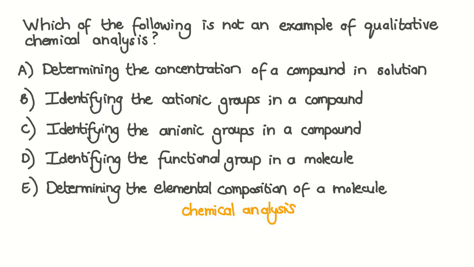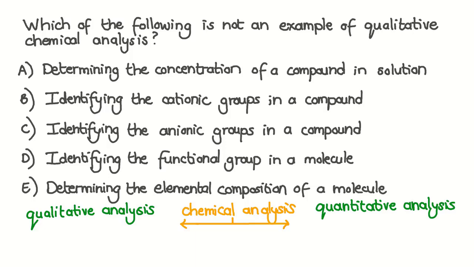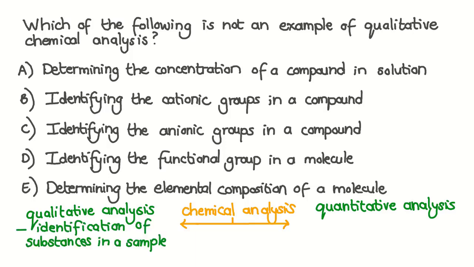There are 2 ways to analyze a chemical sample: by qualitative analysis or by quantitative analysis. Qualitative analysis is the identification of substances in a sample. In other words, identifying what constituents a sample is composed of, be it elements, ions, or molecules, or a mixture of these.